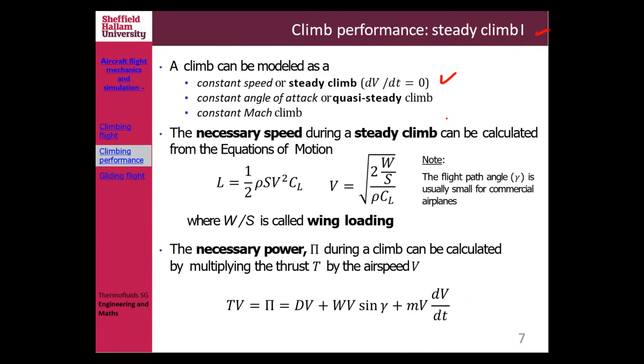The second one is when you make your aircraft climb with a constant angle of attack, which is called quasi-steady climb. Usually I call it quasi-steady climb. That's a British term. Quasi is a prefix, so you have to say it as quasi-steady climb.